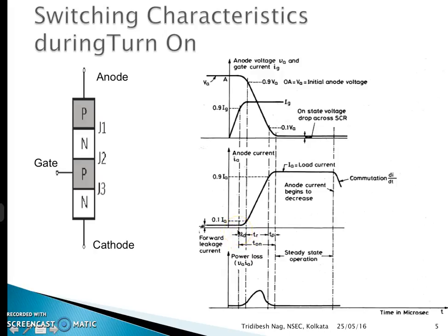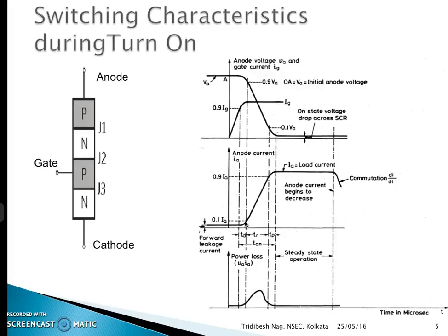Now the delay time TD is measured from the instant at which the gate current reaches 0.9 Ig, that is 90% of Ig, to the instant at which the anode current reaches 0.1 Ia, where Ig and Ia are respectively the final values of the gate and the anode currents.